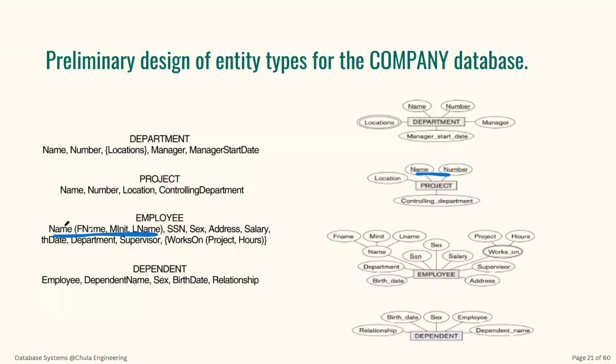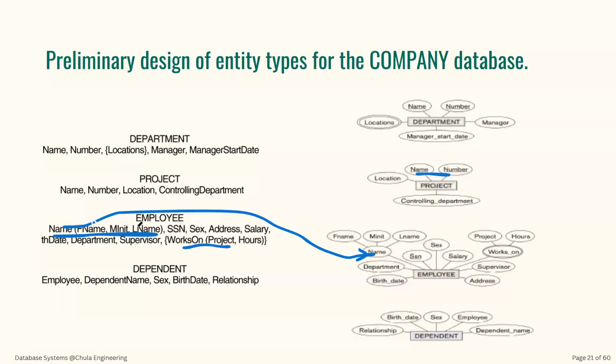You can see here that name goes here, right? And then the composite would be the sub attributes under name. So it means that when you have name, you can draw lines from that particular attribute to its sub attributes, right? Now, another thing to be noted here is the works on.